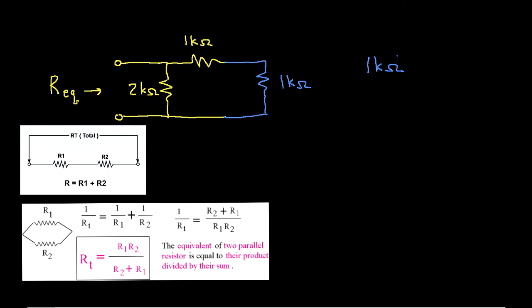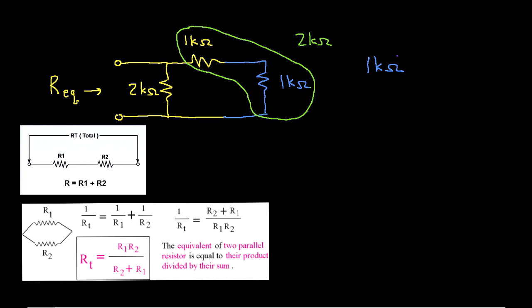Okay, I look again to see what I can combine, and I find again that I have two 1 k ohm resistors in series. So I have this one in series with this one again. Having already worked this particular series combination, I know that that's 2 k ohms.